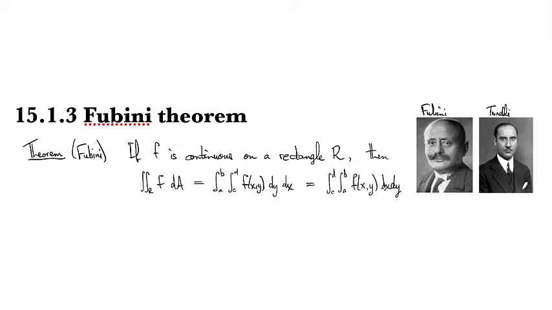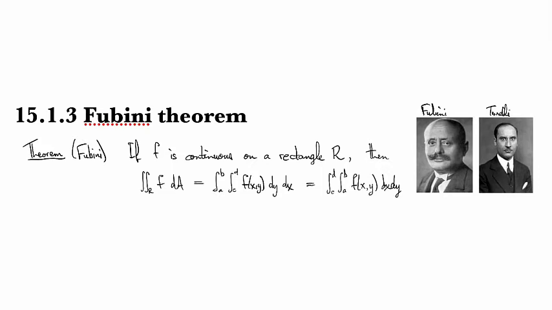The basic statement is that if f is continuous on a rectangle R, then the double integral of f with respect to the area can be written with the y integral first on the inside or the x integral first on the inside, and it doesn't matter which.